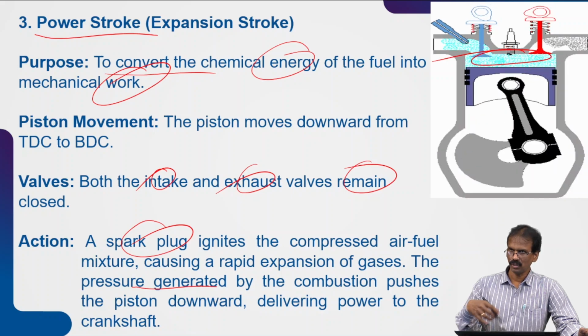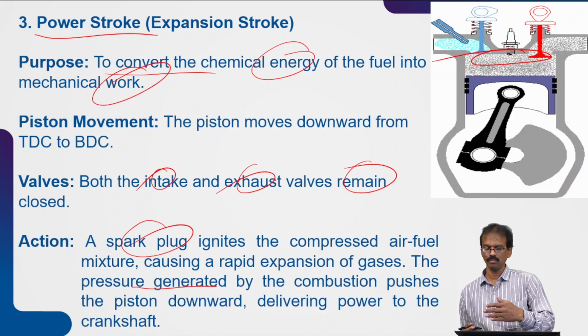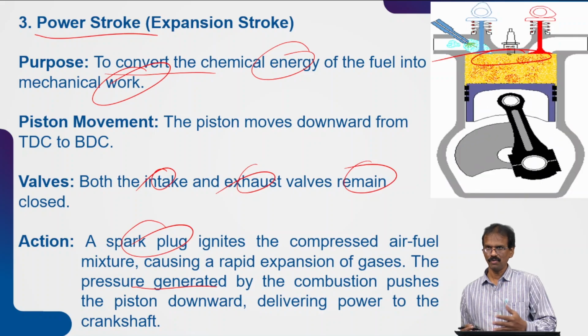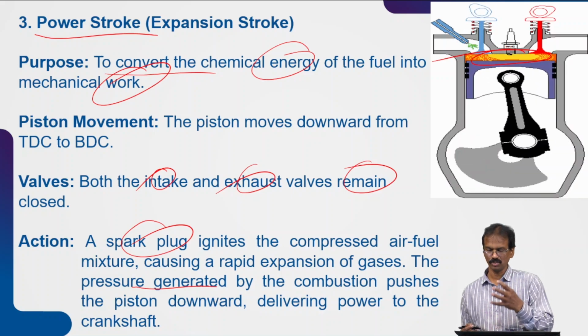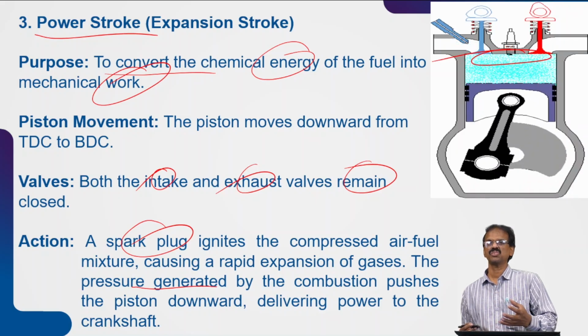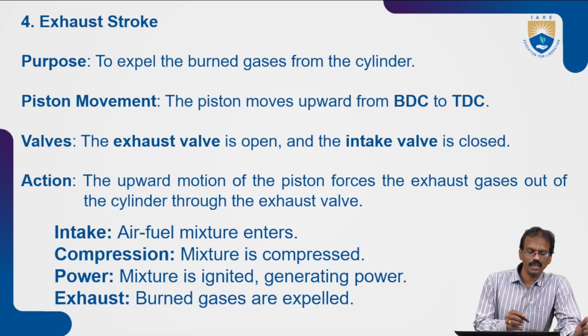In further strokes, to move the piston from bottom to the top, the inertia force which is stored in the flywheel is helpful to move the piston in all strokes regularly, it means smoothly.